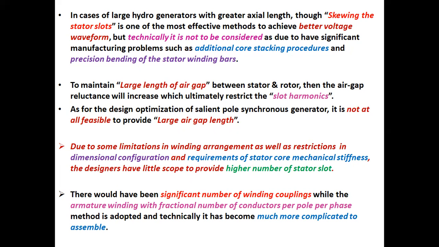There would be a significant number of winding couplings if the armature winding with fractional number of conductors per pole per phase method is adopted, and technically it becomes much more complicated to assemble.